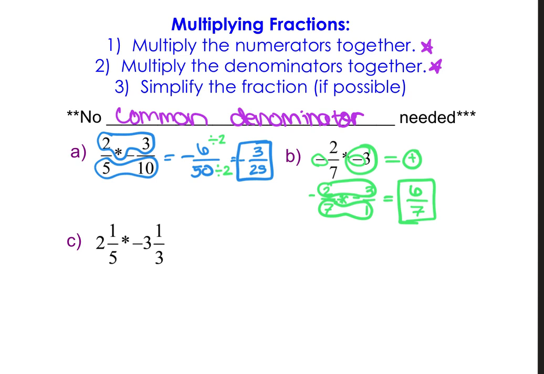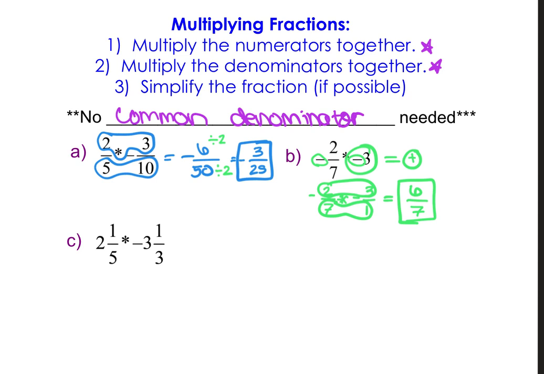Finally, in part C, we're going to take a look at the fact that we have 2 mixed numbers. And again, you might be thinking, well, what am I supposed to do if I have mixed numbers? How on earth do I actually turn this into a fraction that I can do math on? My advice to you is, if you see mixed numbers, turn these into improper fractions to start.